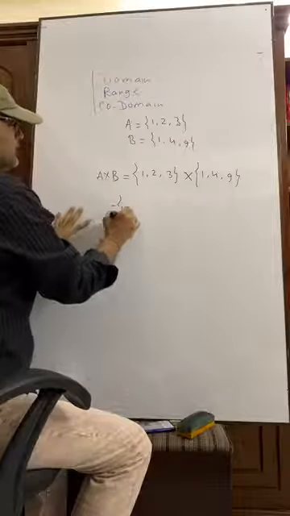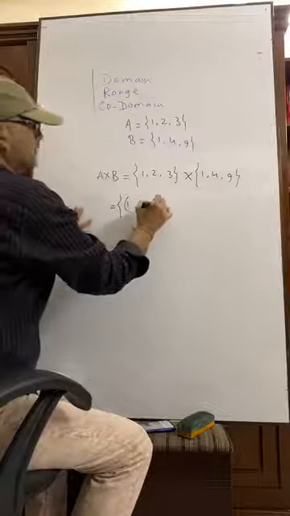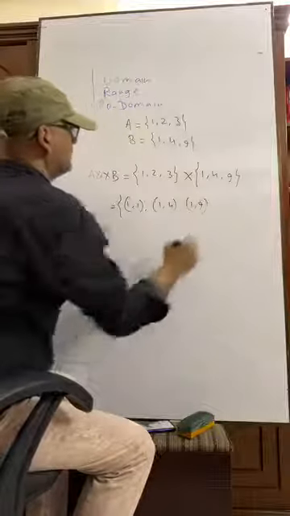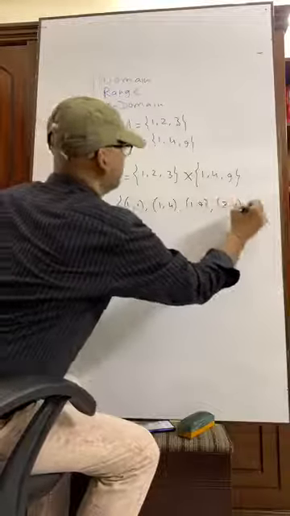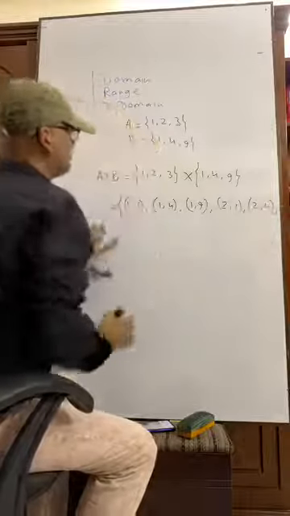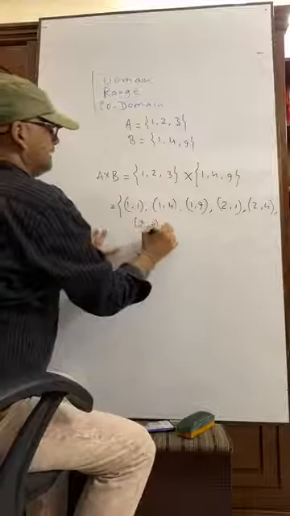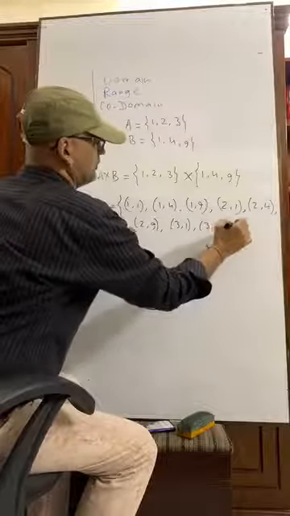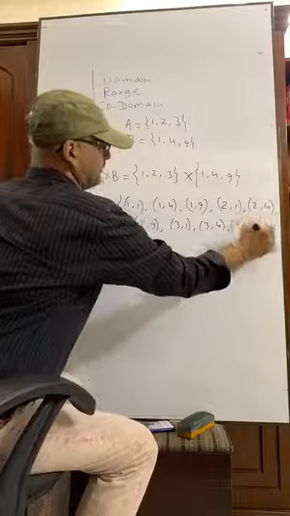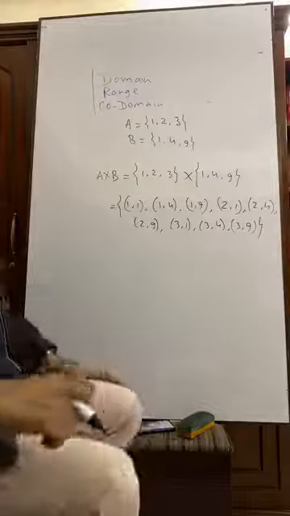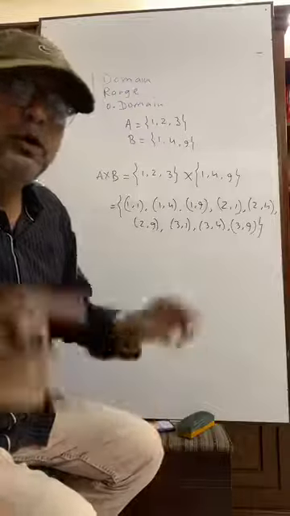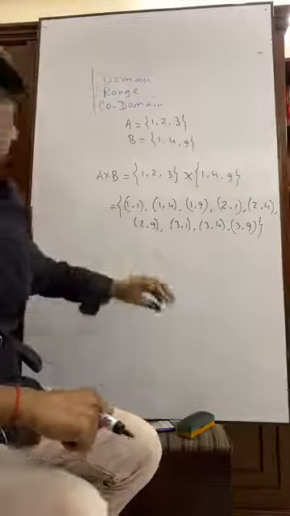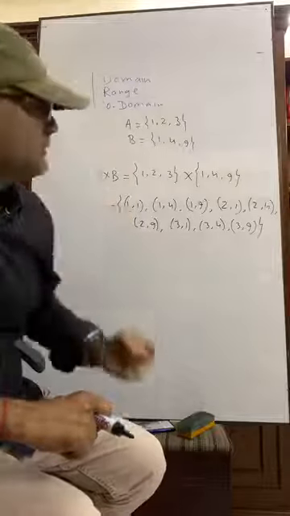So we are getting (1, 1), (1, 4), (1, 9), (2, 1), (2, 4), (2, 9), (3, 1), (3, 4), (3, 9). Actually, what we have done is we have just found the Cartesian product of two sets, because here any condition is not yet applied.